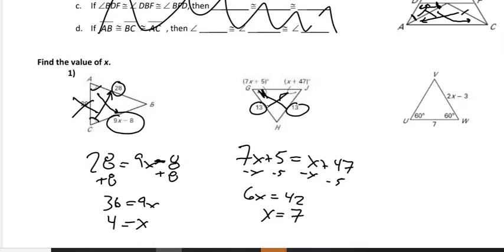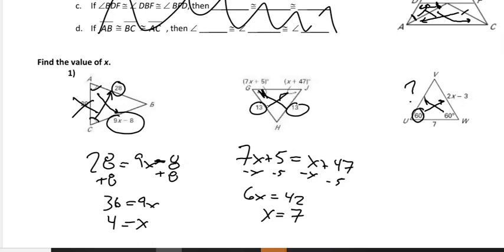Now this one's tricky because these are the ones that are congruent, so those opposite sides are congruent. But we don't know what this one is. How could we do this?